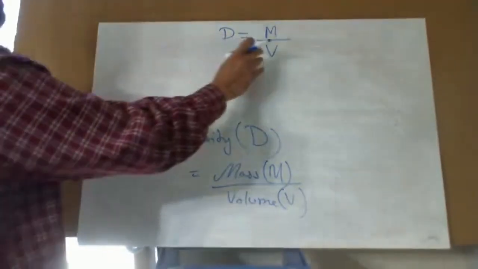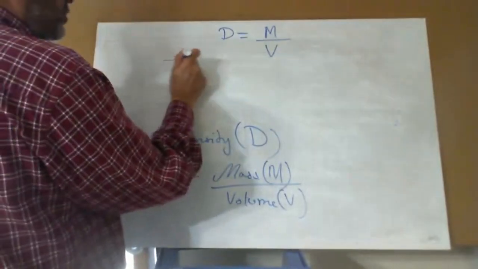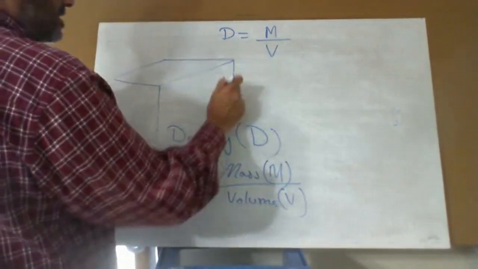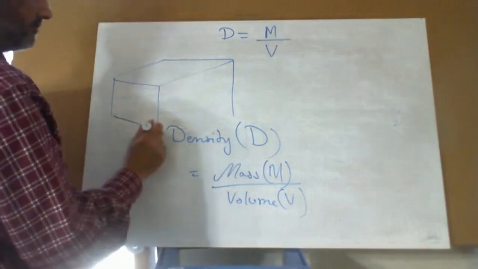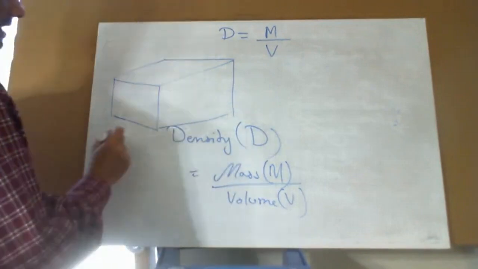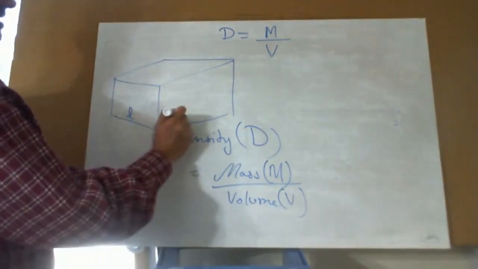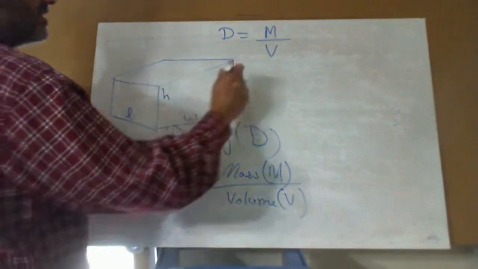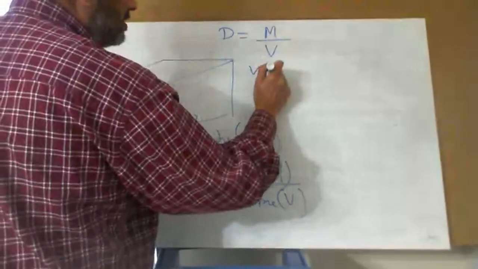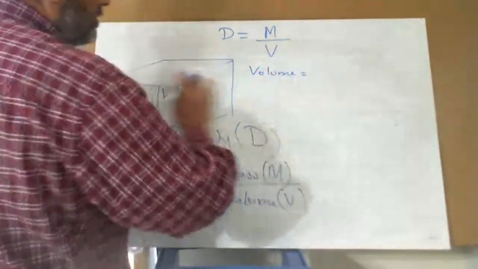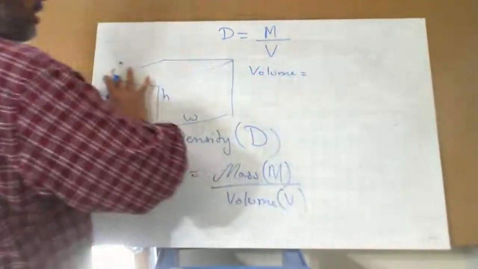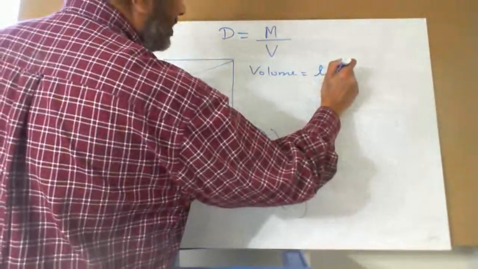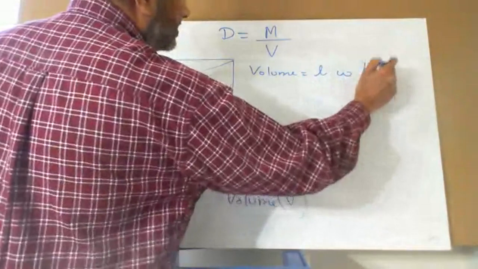Okay, how do we measure volume? For example, suppose you have a square container, right? I'm going to call this the length, this the width, and this the height. So the volume of this container is length times the width times the height.